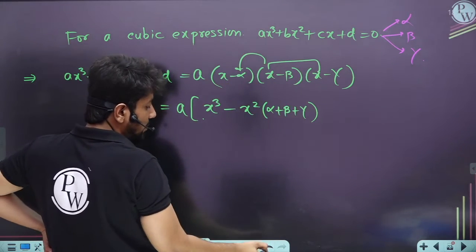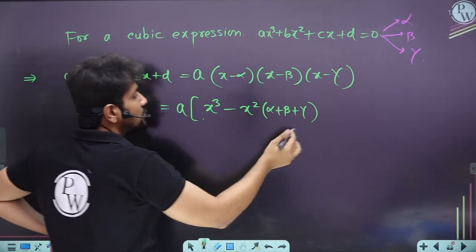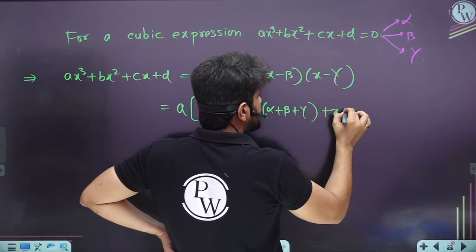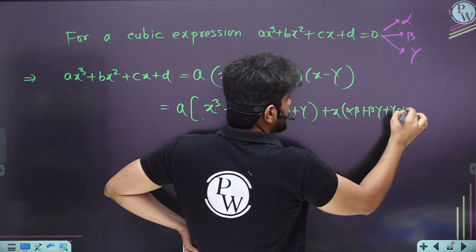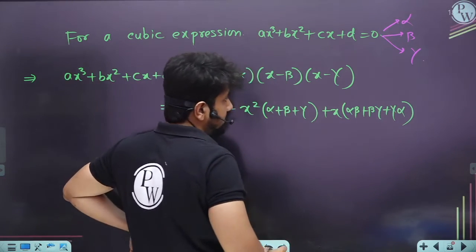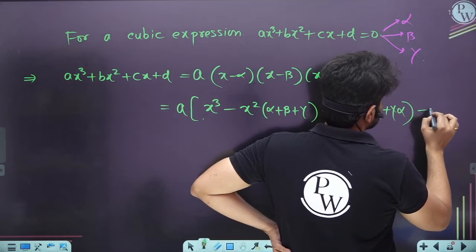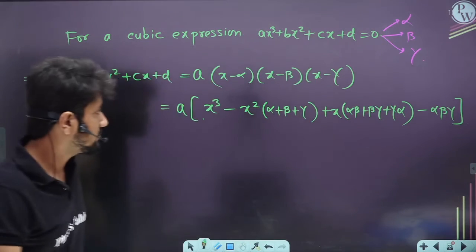So minus alpha x square minus beta x square minus gamma x square. So this will be the coefficient of x square. The coefficient of x is going to be alpha beta plus beta gamma plus gamma alpha, and the constant term is minus of alpha beta gamma.